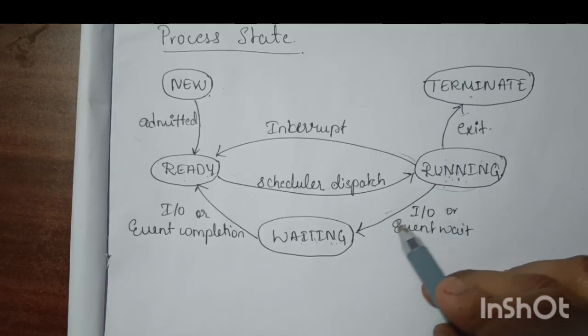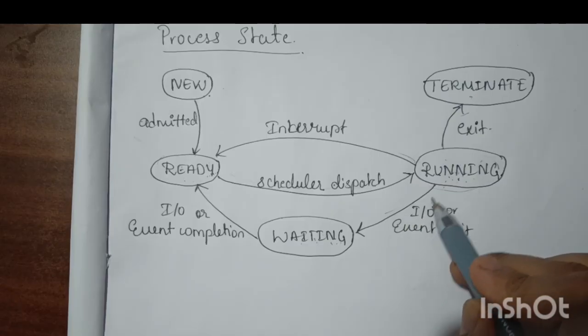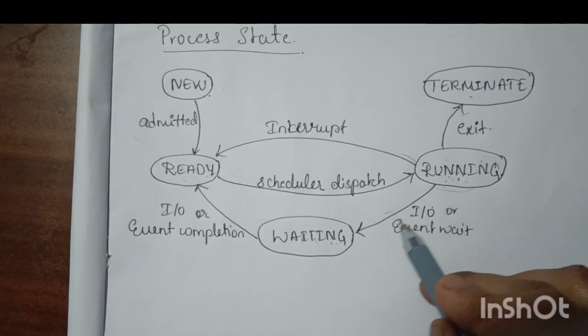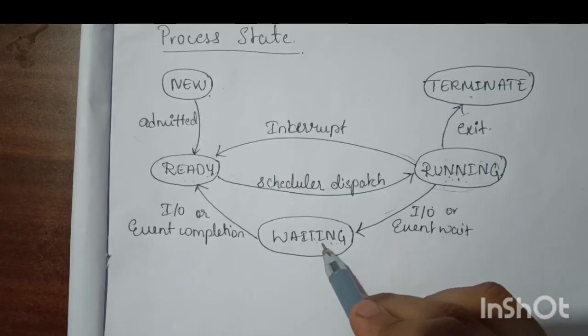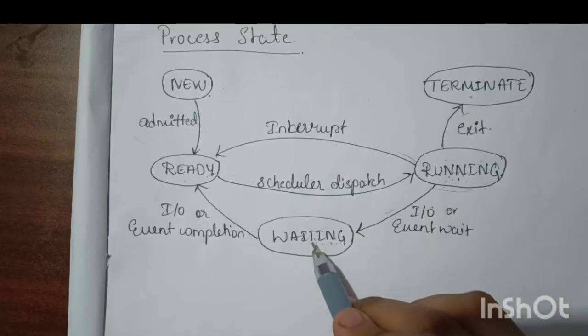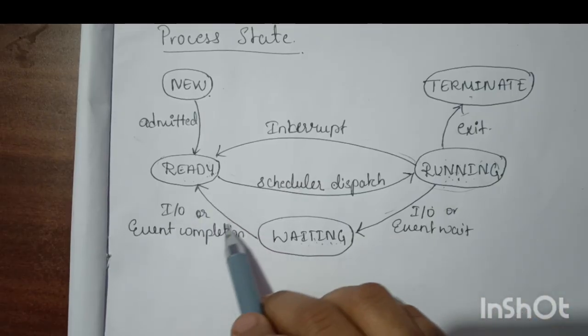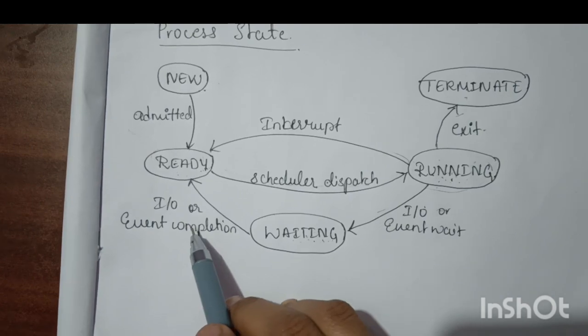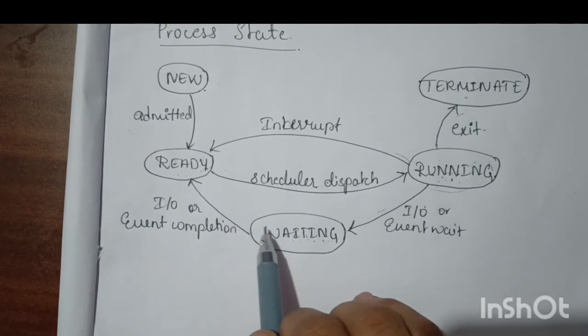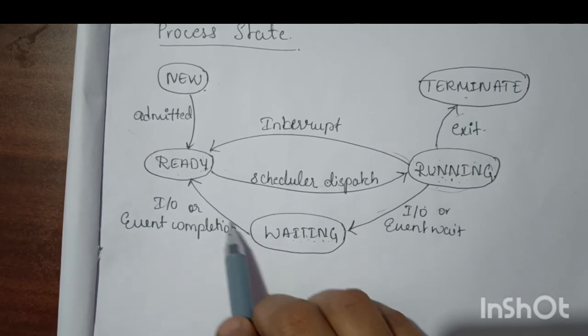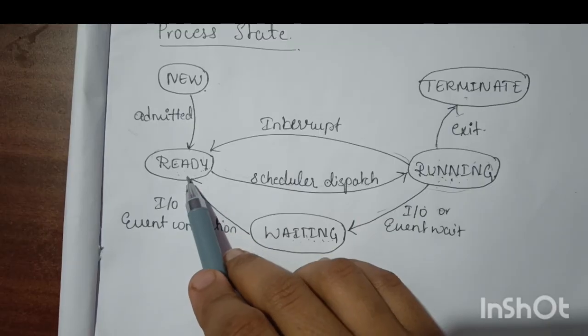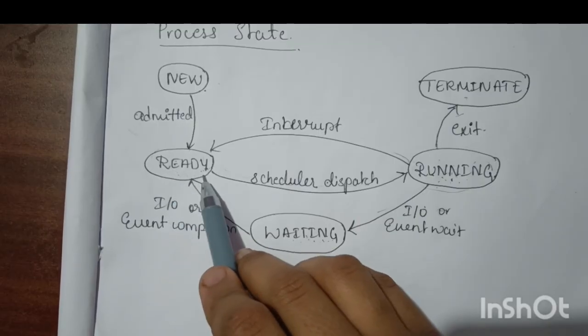That input can be given from your input devices only, no? So it will come out, then it will go into your waiting state. When it is in the waiting state, meanwhile it will get the input output devices, then it will complete what it needs, then again it will go back into your ready state. Okay, so it will stand in the queue again.